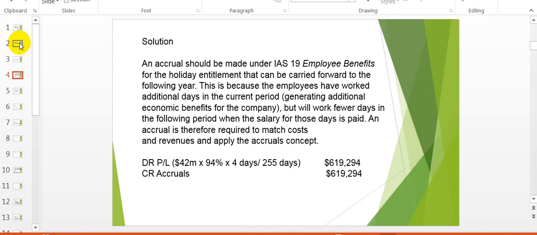Then we accrue for this in the statement of financial position for the year. So the cost to recognize in the P&L is 619,294, which we are going to accrue in the statement of financial position as well.